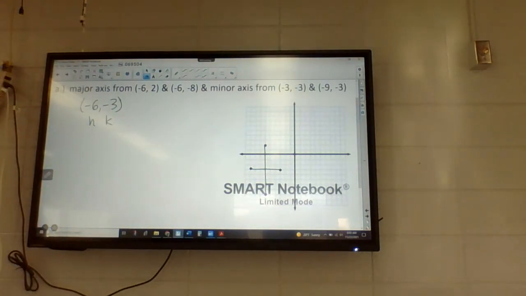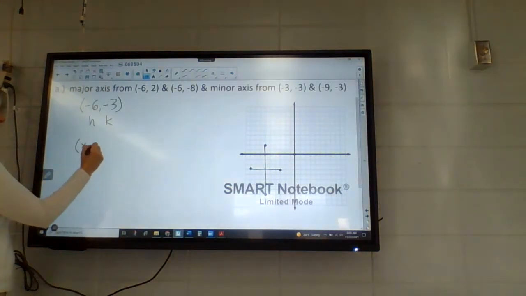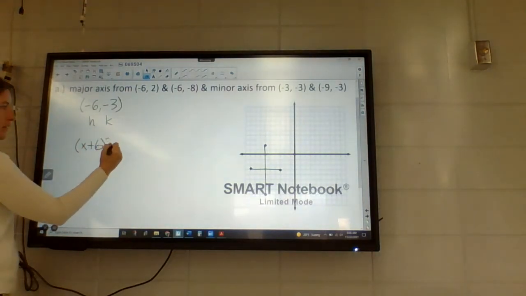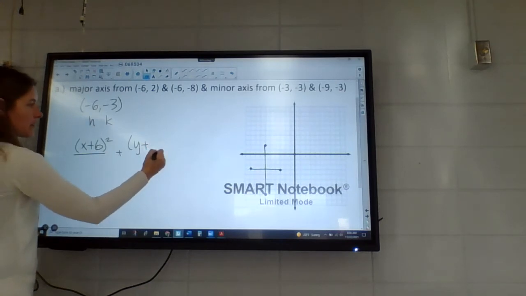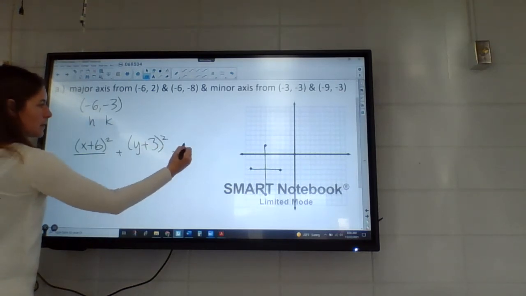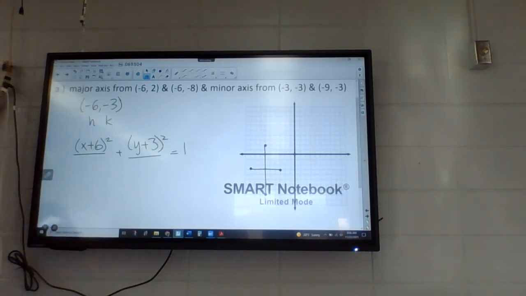Now, since the major axis is the long way, I have to remember where the bigger number should go. But this is still the x value, so it's going to be x minus a negative 6, so x plus 6 squared, and then y plus 3 squared. But we have to figure out the bottom numbers.